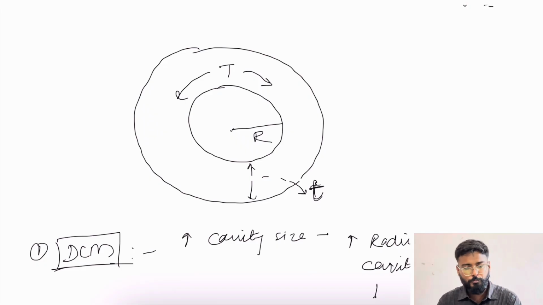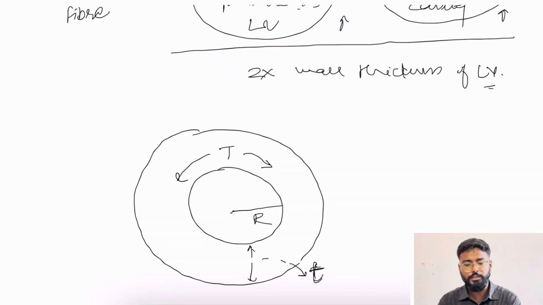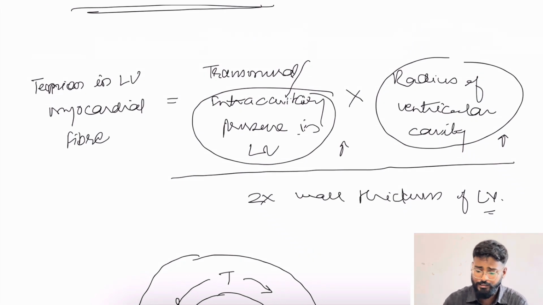But if you put that in this formula, you will see increased wall thickness and decreased cavity size. This will in turn decrease the tension. But still, in hypertrophic cardiomyopathy, there is decreased stroke volume. Why?